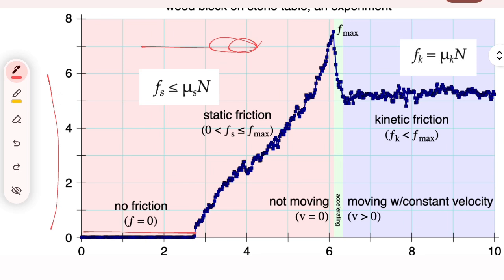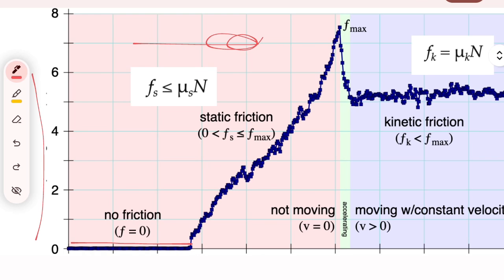And the coefficient of friction in the static friction is the static coefficient of friction, mu s, the coefficient of static friction. So the frictional force Fs is equal to mu s times the normal force.